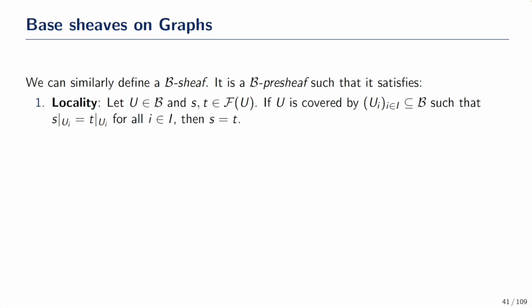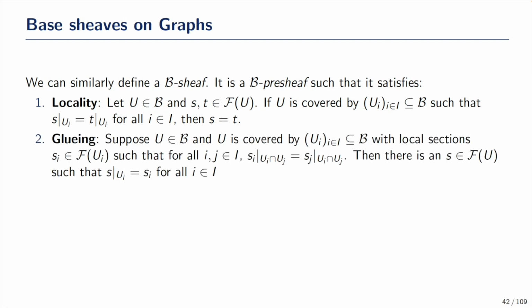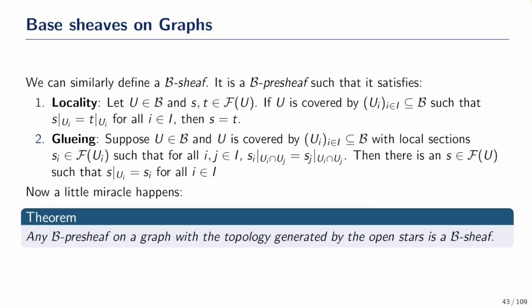If we have two sections, the idea is that for any open set U, if we split it into the elements of the cover, and we have these equalities, then we also need to have these sections equal. So essentially, you have a unique way to decompose things. And again, you have the gluing. If you have this split of your data with agreement on the overlaps, we can glue them back together into a single thing.